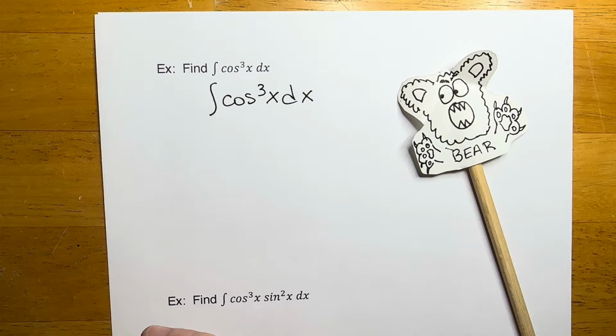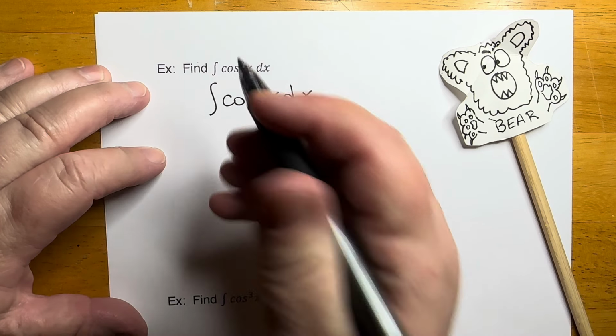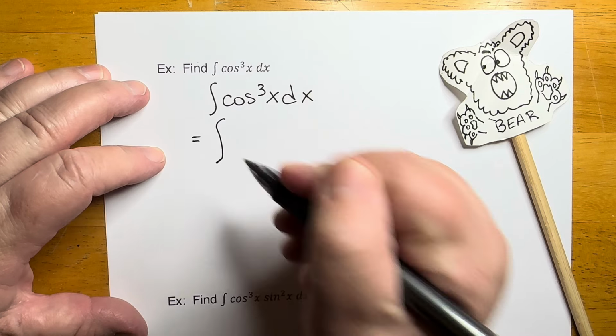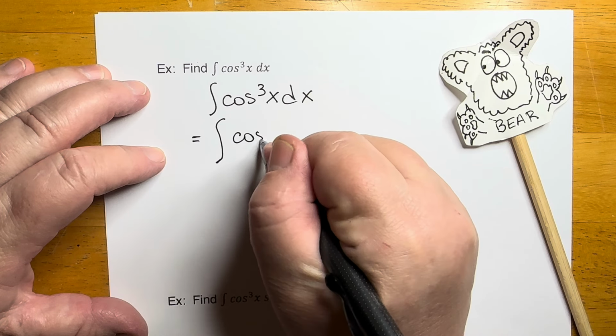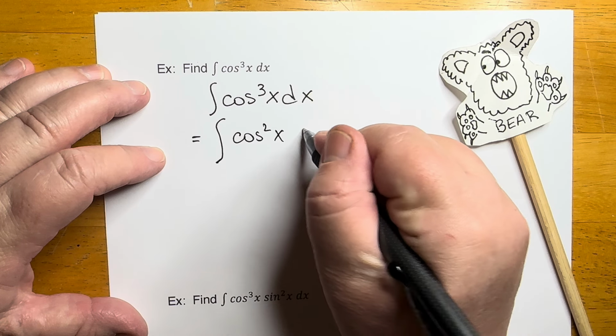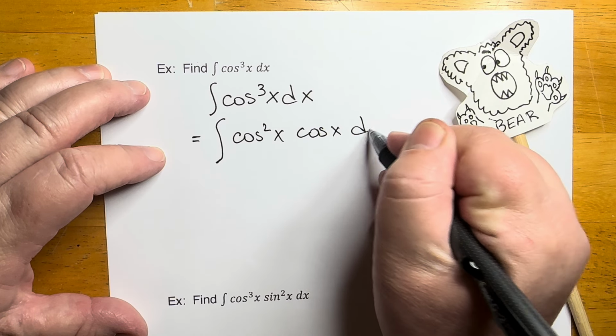In order to do the u and the du like we've been doing, I have to have a sine and a cosine. And I only have one and not the other. But wait, presto changeo. I happen to know that this is equal to cosine squared of x times cosine of x times dx.